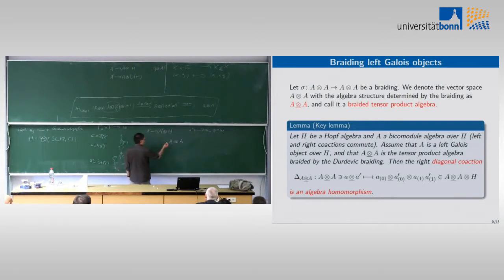I have a map which goes from A tensor A to H tensor A. Here I can take the usual tensor algebra structure, and I can apply the following right coaction, which is an algebra homomorphism: identity tensor right coaction on A. Of course, this is an algebra homomorphism, and it goes to H tensor A tensor H.